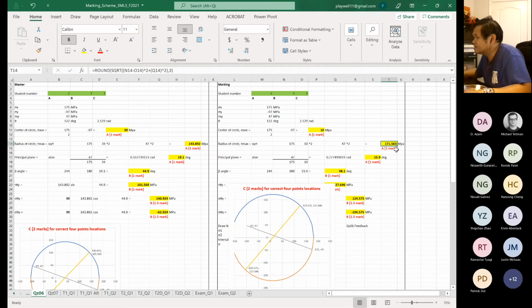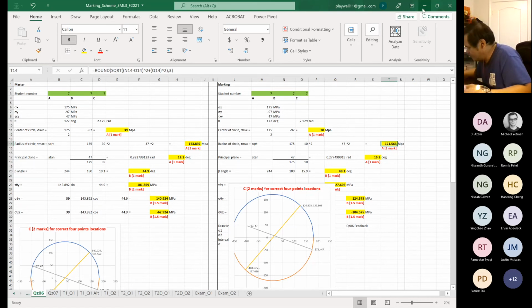Does that make sense? So if you make silly mistakes like this, you still get full marks. But it has to be a cumulative valid answer. If this is not 171, then you will not get the mark. Azam, does that make sense now? Got it, right? So even though you make silly mistakes, that's how we mark and that's how we give full marks.